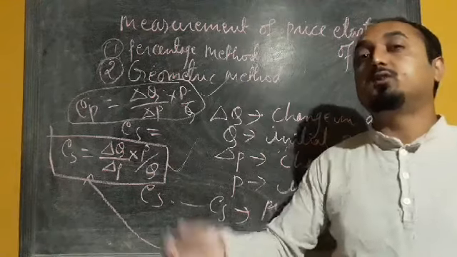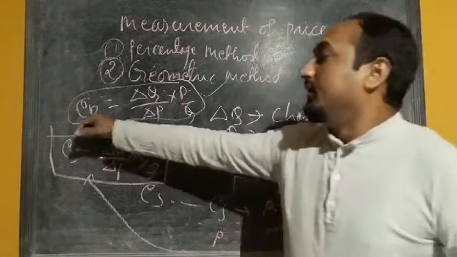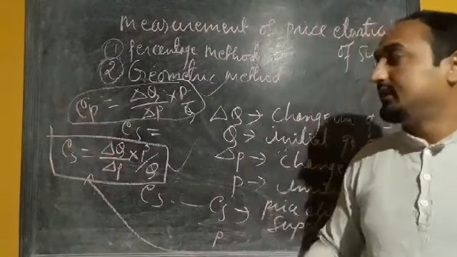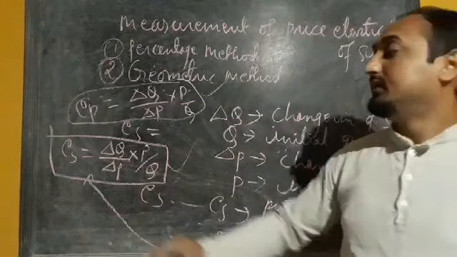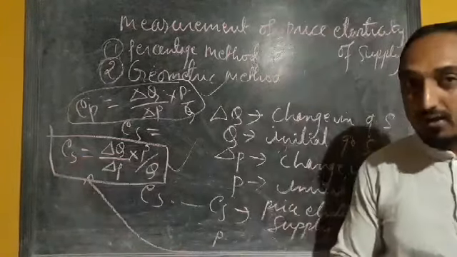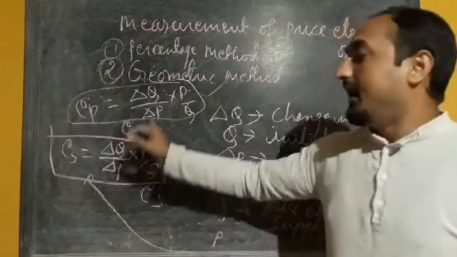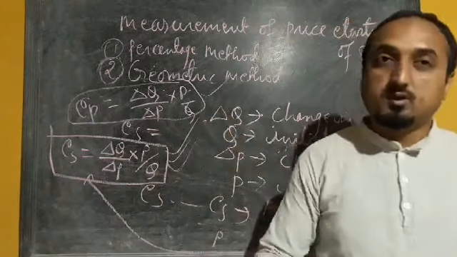If you are asked to calculate price elasticity of demand, then quantity demanded will be mentioned. When you are asked to calculate price elasticity of supply, then quantity supplied will be given in the question.